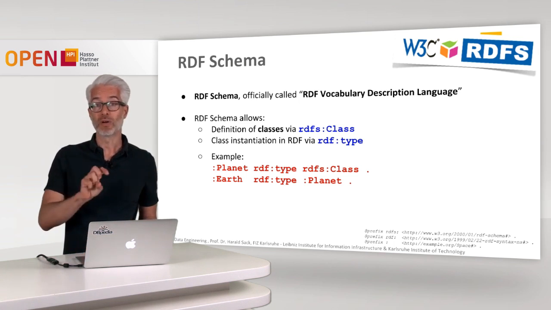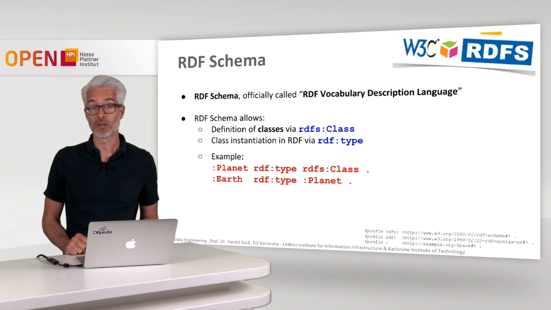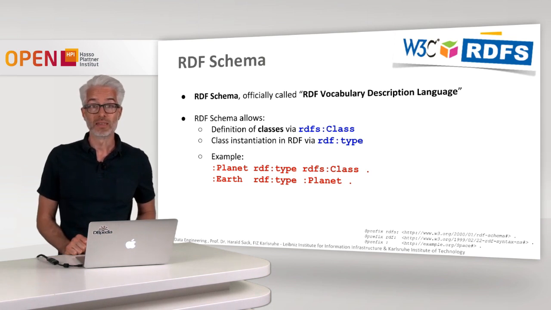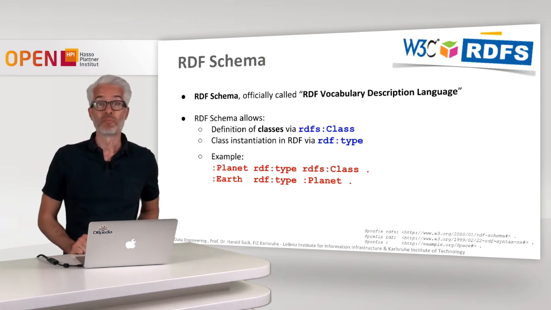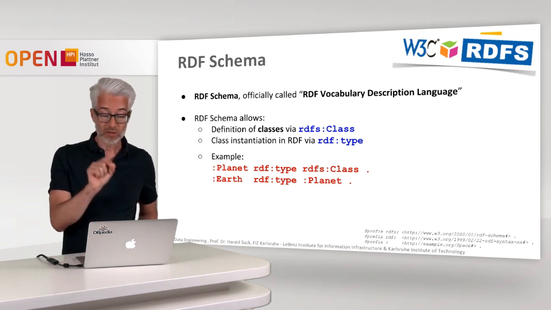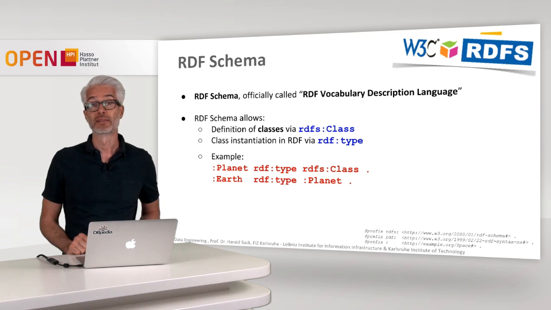Please note that we have all the prefix definitions always in the lower right part of the slide that you need to complement these abbreviated URIs here in Turtle. So we have the planet, which is of type RDFS class.